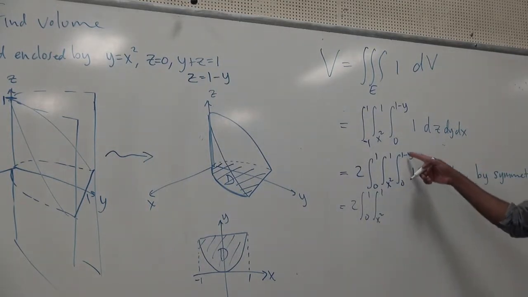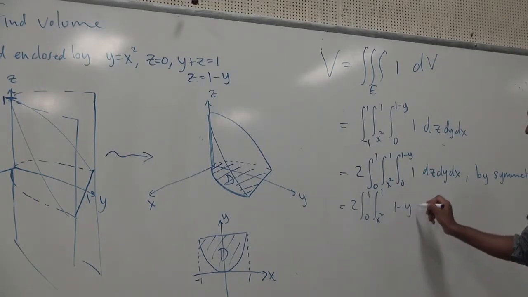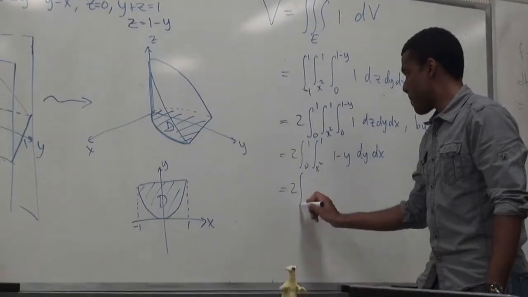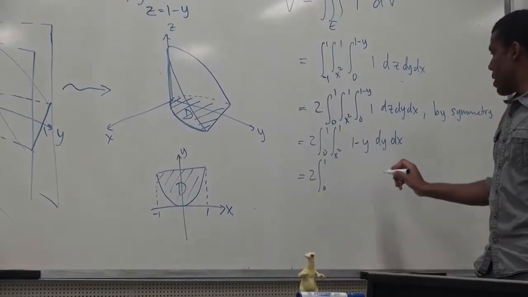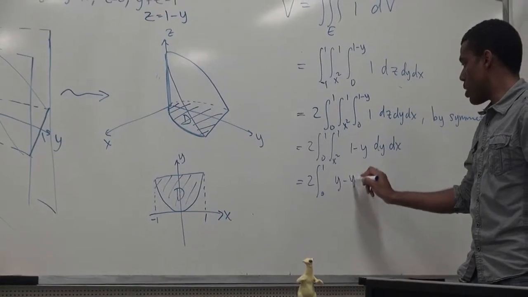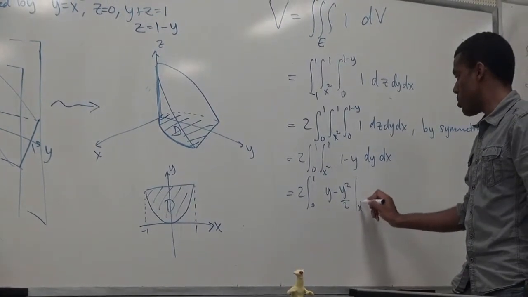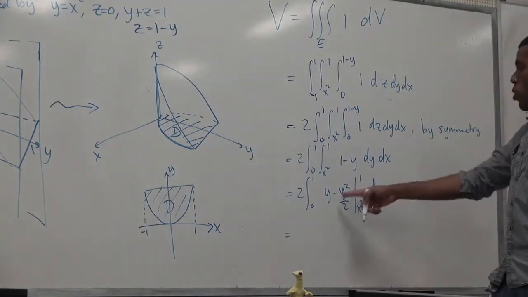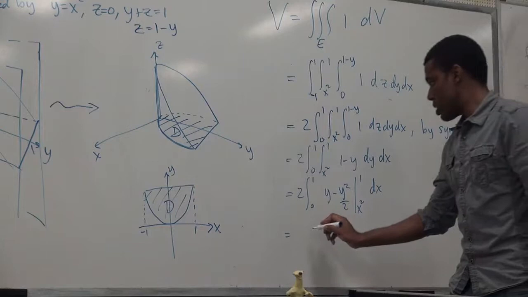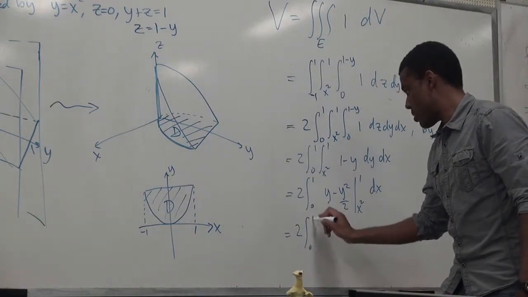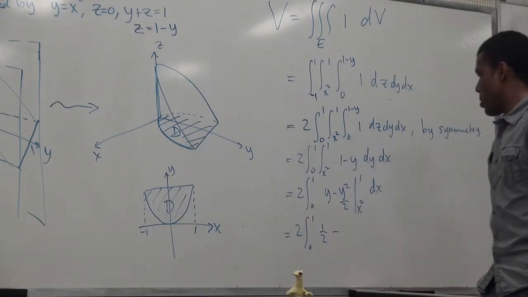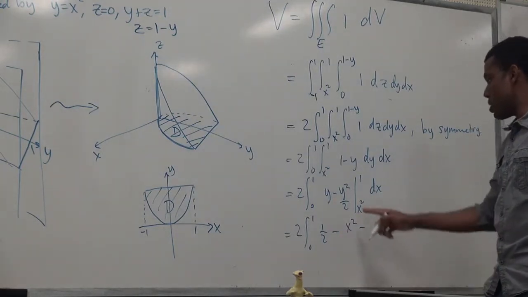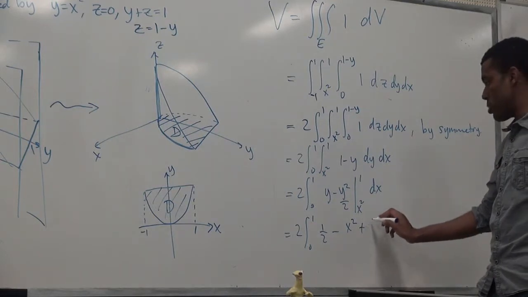Integrate this, you get z, you plug in 1 minus y and 0, so this is just 1 minus y. Integrate that with respect to y, you get y minus y squared over 2. This is going to go from x squared up to 1. If you plug in 1, you get 1 minus a half, which is just a half. Minus, if you plug in x squared, you get x squared minus x to the 4th over 2, but that becomes a plus.